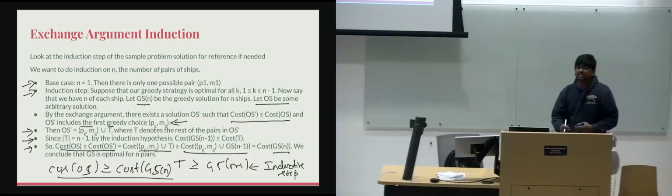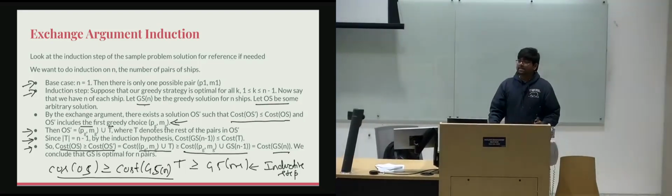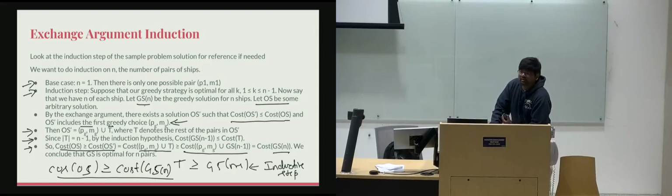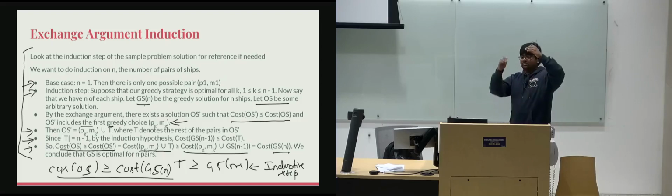Does this make sense? Any questions here? Anything that is not clear? This is actually a template procedure that you can use for almost all problems where you modify the first step of the solution, and you can do it step by step.